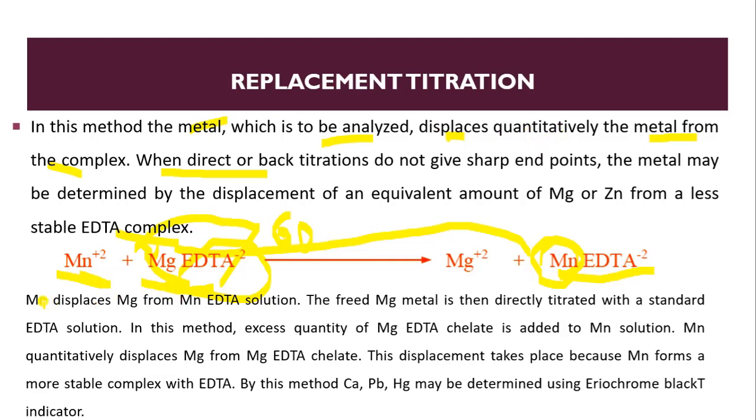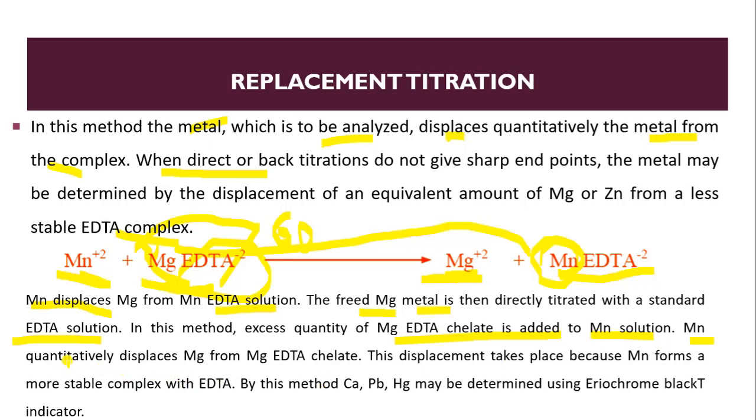For example, here manganese displaced magnesium from the EDTA solution. So the freed magnesium metal is then directly titrated with a standard EDTA solution. In this method, an excess quantity of magnesium EDTA chelate is added to the manganese solution. Magnesium will be displaced by manganese, and magnesium will be free.